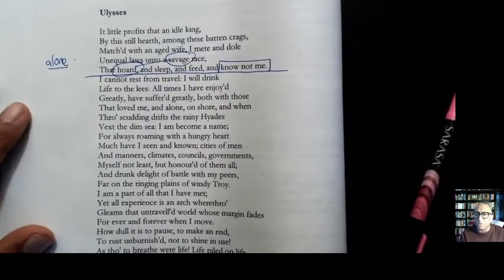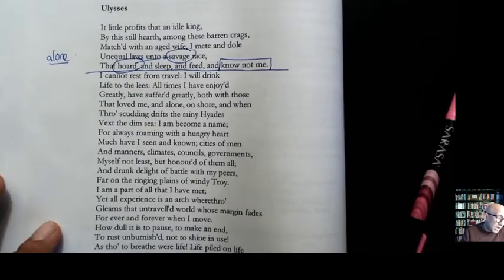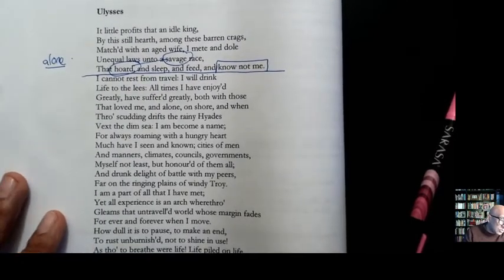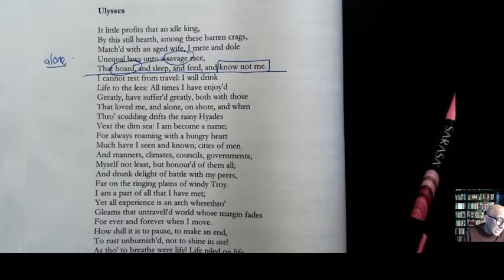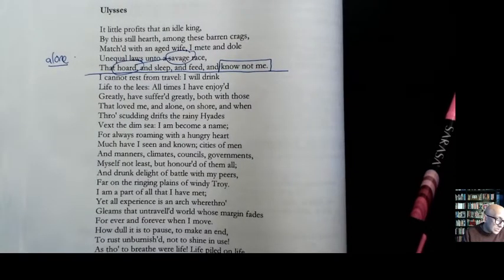I cannot rest from travel. I will drink life to the lees. All times I've enjoyed greatly, have suffered greatly, both with those that loved me and alone on shore, when through scudding drifts the rainy Hyades vexed the dim sea.